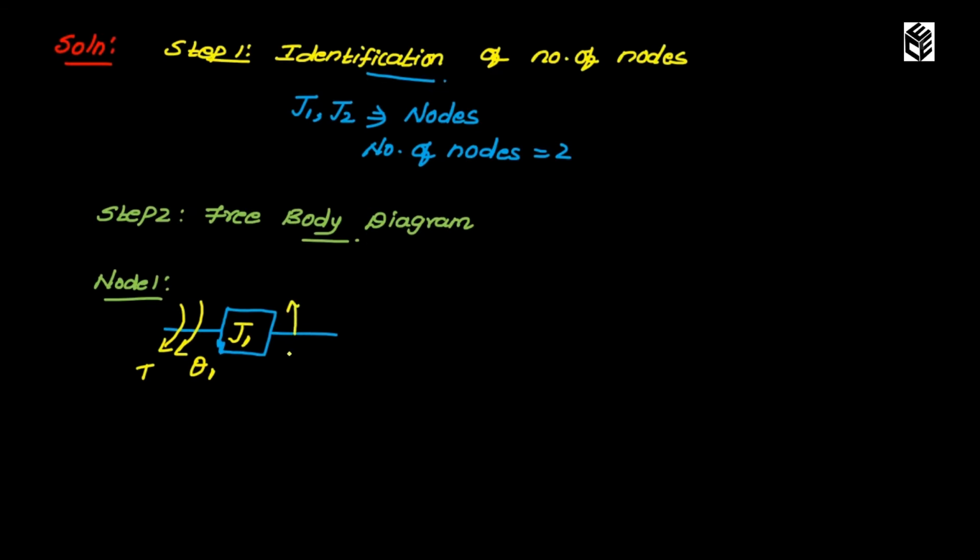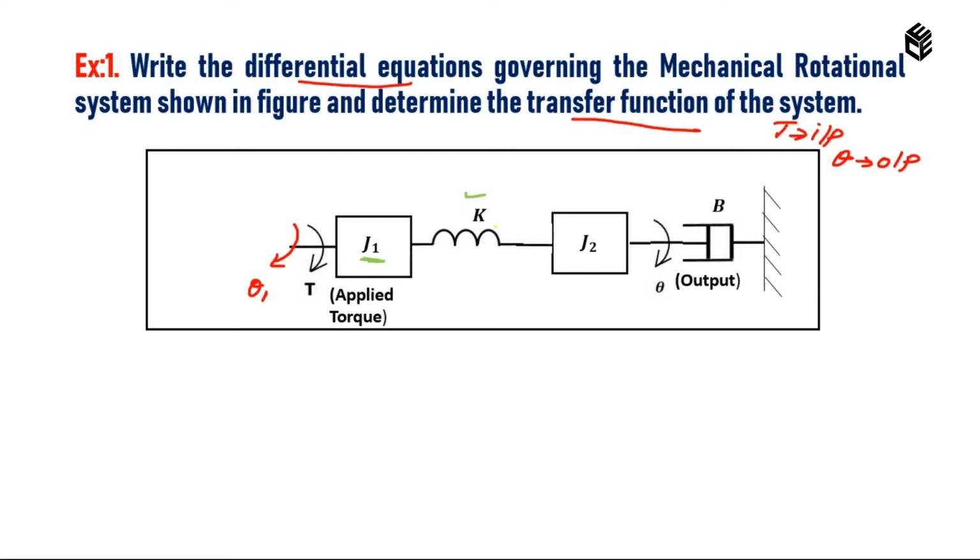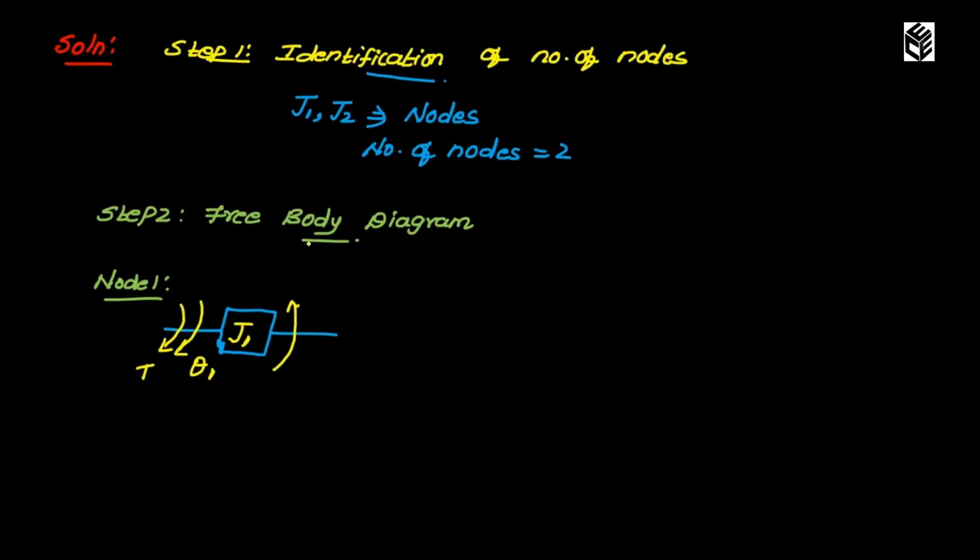Therefore, the direction of opposing force will be towards upward. So the element connected to J1 is K and J1 also exerts an opposing torque. So therefore, we can write the opposing torques as Tj1 and Tk.